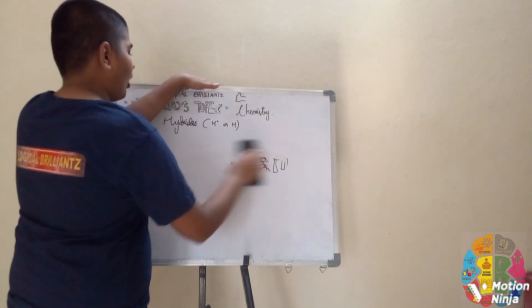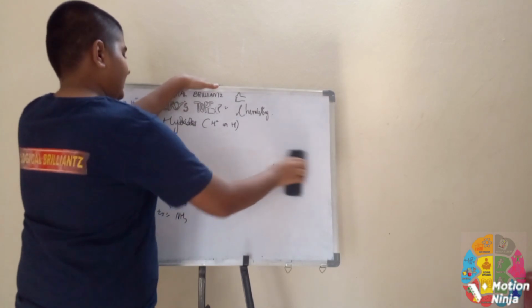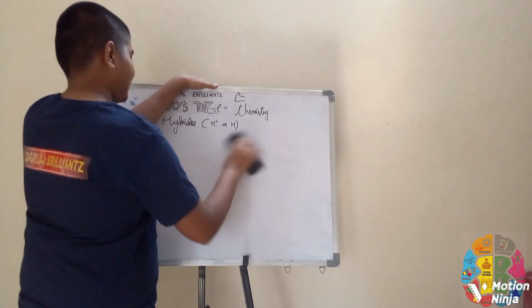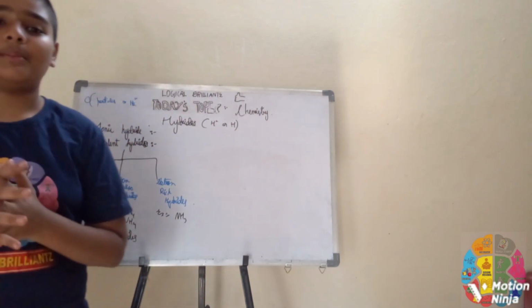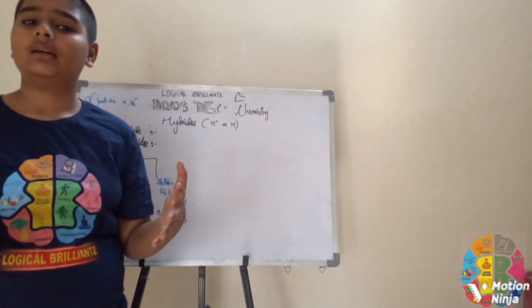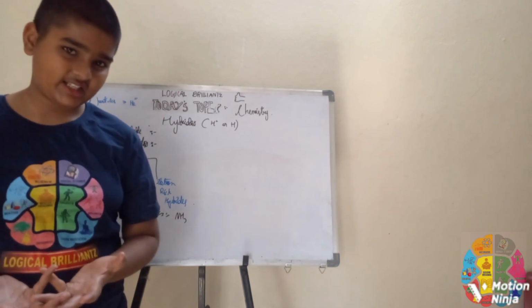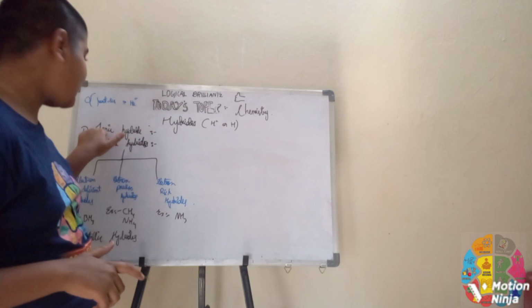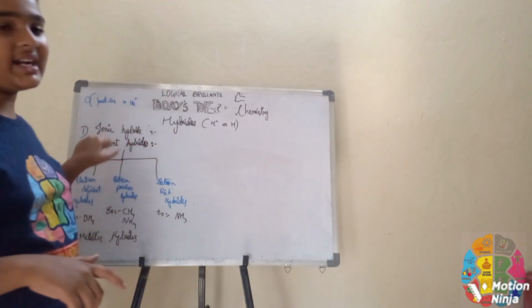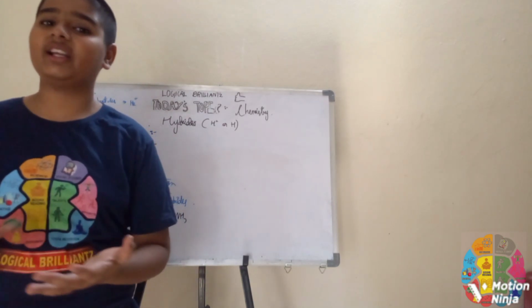So what are metallic hydrides? By the name we can hear the metal. So when hydrogen combines with metals, they are metallic hydrides. See, already we have finished S block elements and ionic hydrides, P block elements and covalent hydrides. What is left over? D block and F block.